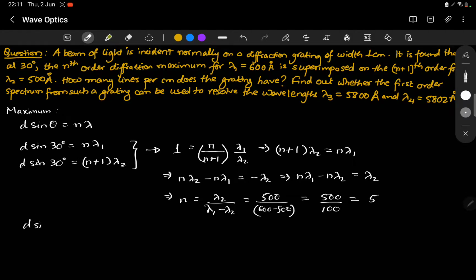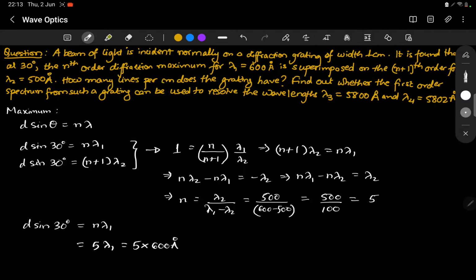So we have d sine 30 degrees is equal to n lambda 1, but n is 5. So this is 5 times lambda 1, which is 600 angstroms.